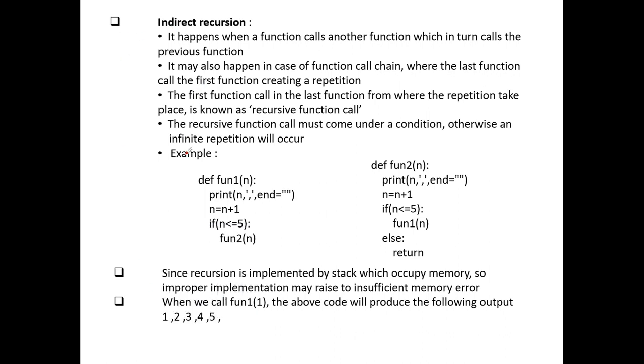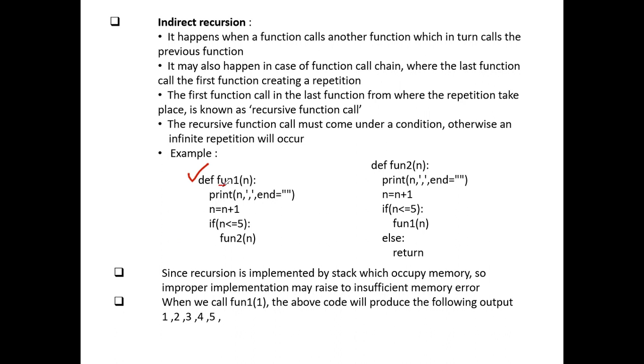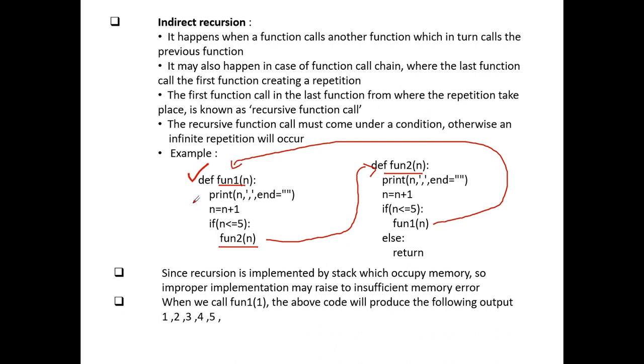As I told you, see here, this is your fun one, and inside fun one you are calling fun two. Now inside fun two you are calling back fun one. So here the same function is not calling itself, another function is calling the first function. That's why it is called an indirect function call.